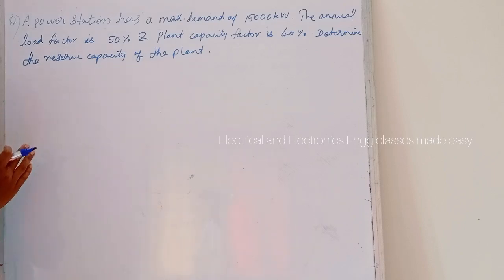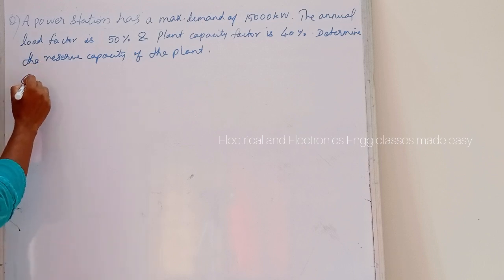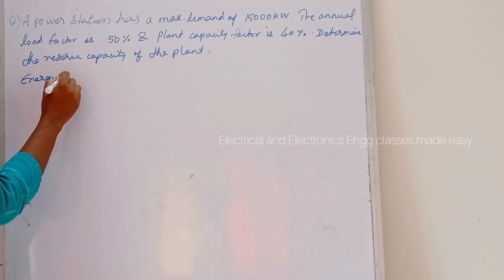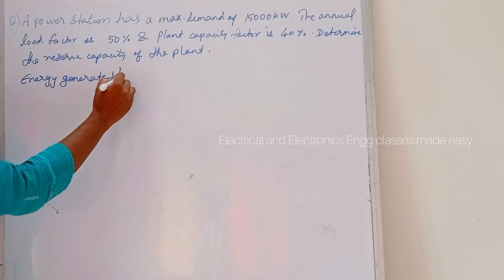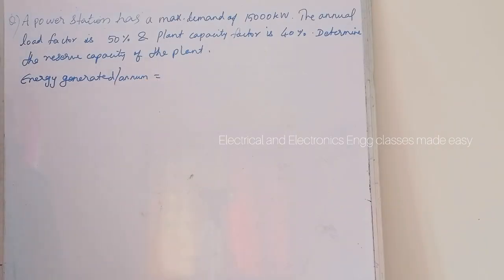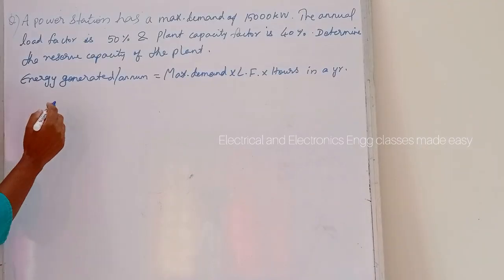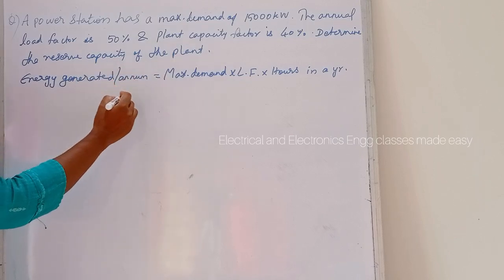To find the reserve capacity, we have to find the plant capacity. To find the plant capacity, first of all, we have to find the energy generated. So energy generated per annum is equal to maximum demand into load factor into hours in a year.